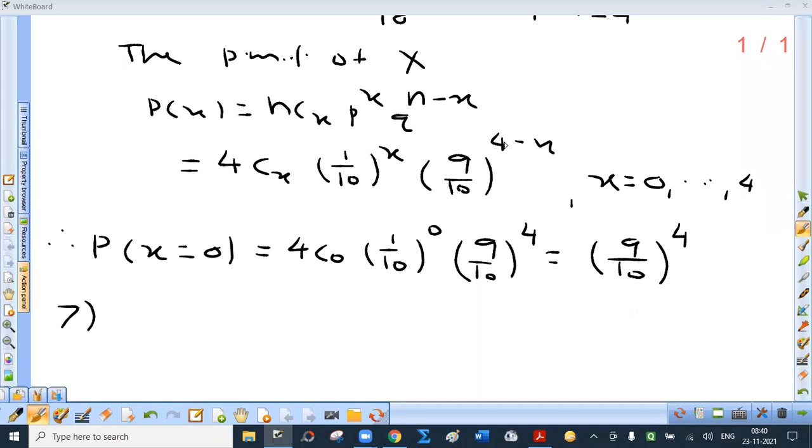Okay, right now. Solution for sum number 7. Let capital X equal the number of correct answers.